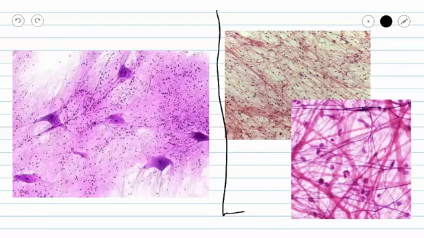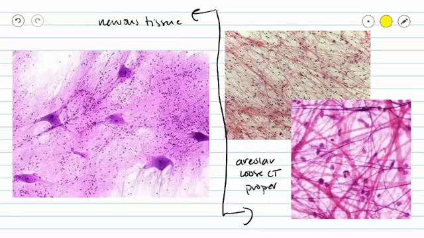What we have on this side of the page is areolar loose CT proper. And then on the left side of our page, we see nervous tissue. Students have pointed out to me in the past that these tissues look rather alike, probably because of the fibroblasts and fibrocytes that we have scattered throughout our areolar tissue and the neuroglia that we have scattered throughout our nervous tissue.